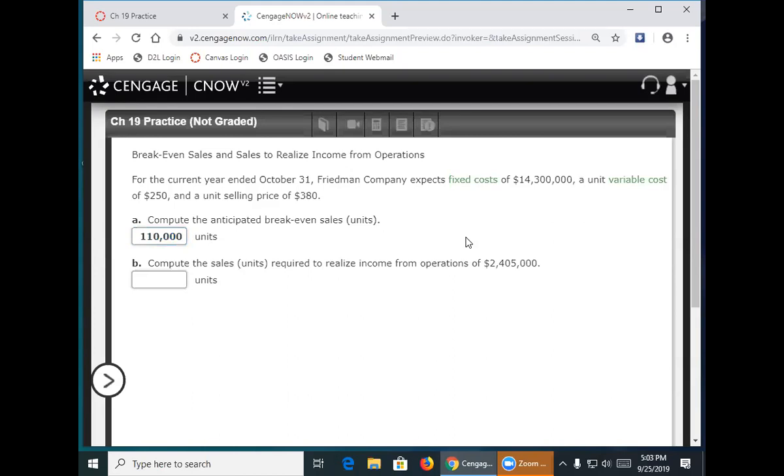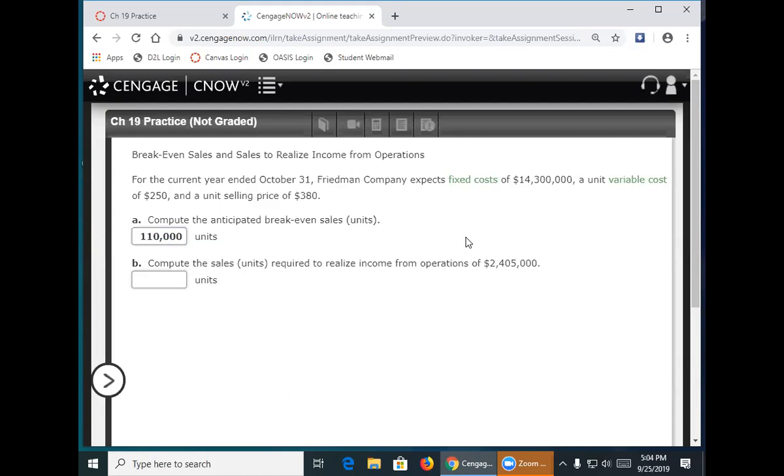We're not going to. And then on part B, it says we'll compute the sales, or units in this case, the sales in units required to realize income from operations of $2,405,000. Well, there you're going to do one of the formulas at the bottom. We want unit sales at target income. So all we're doing there is we're going to take our fixed costs plus our target income, fixed cost plus target income, and divide by that same contribution margin per unit.